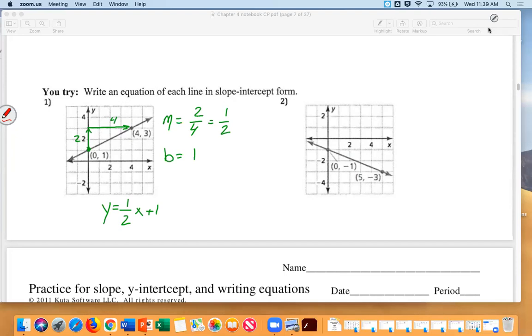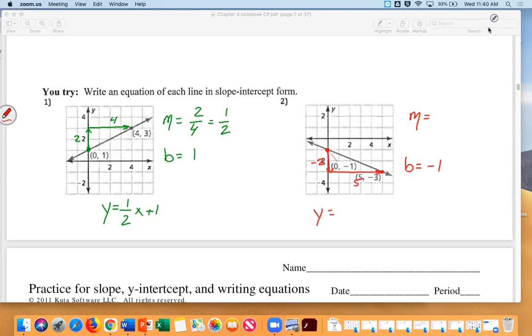In number 2, M and B. My y-intercept is right there. That's -1. I need to go from there to there. That's down 1, 2. And 1, 2, 3, 4, 5.